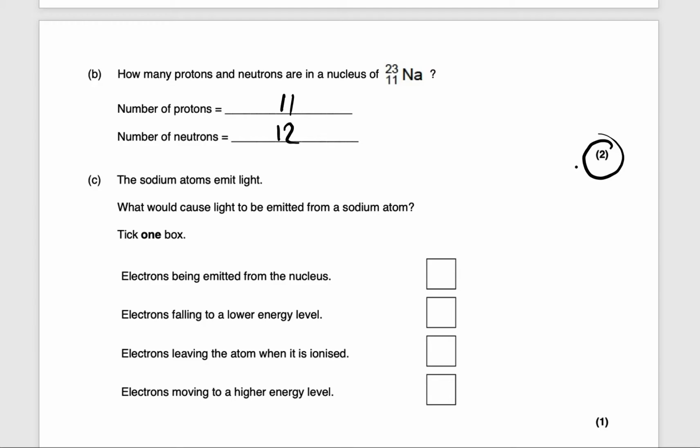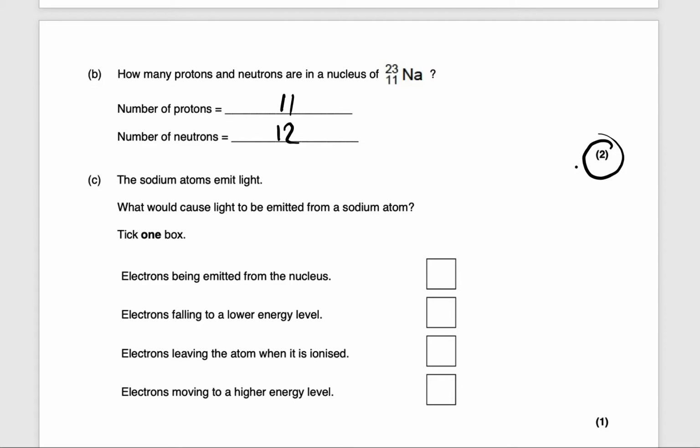The sodium atoms emit light. What would cause light to be emitted from a sodium atom? Tick one box. So electrons being emitted from the nucleus, electrons falling to a lower energy level, electrons leaving the atom when it's ionized, or electrons moving to a higher energy level. So remember, when the electrons absorb energy, absorb light, they move to a higher energy level away from the nucleus.